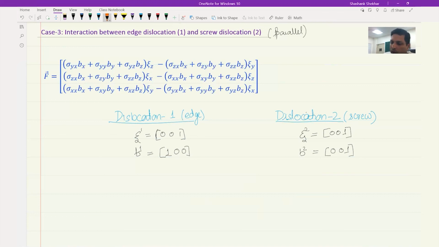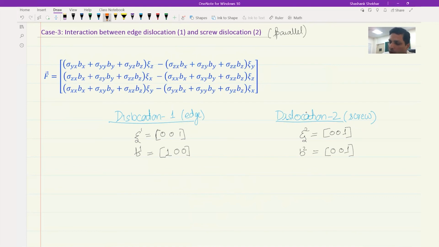Okay, so now we have that this is the force we are basically calculating, the effect of edge dislocation on screw dislocation. And since we are talking only of two dislocations, it will be the same force that will be acting from the screw dislocation onto the edge dislocation. So that will not change. Now that we have this relation, we will look at what are the quantities that will go down to 0.